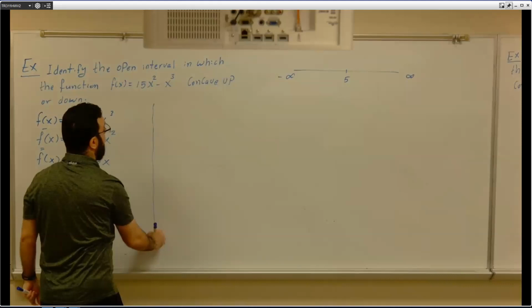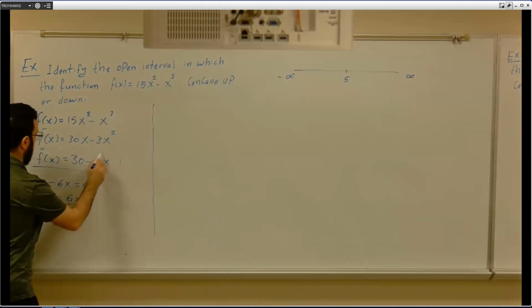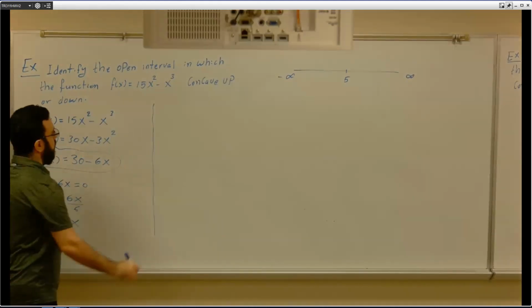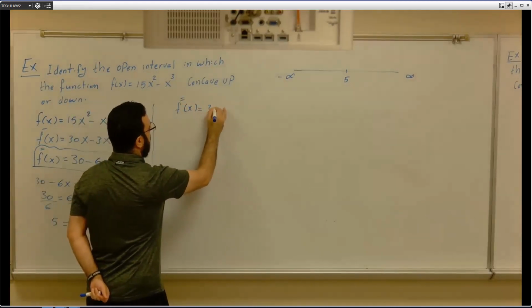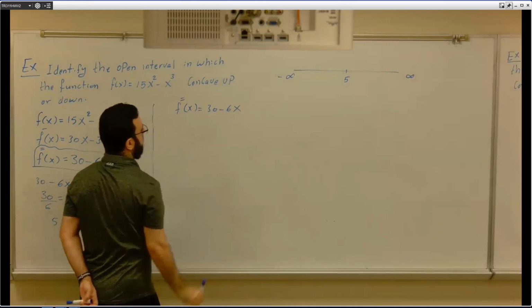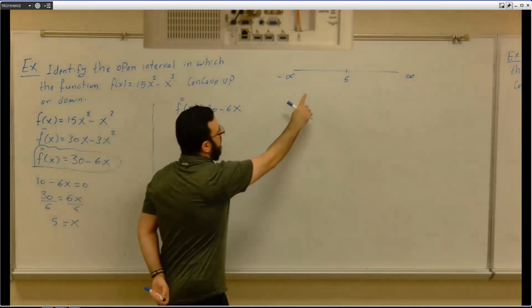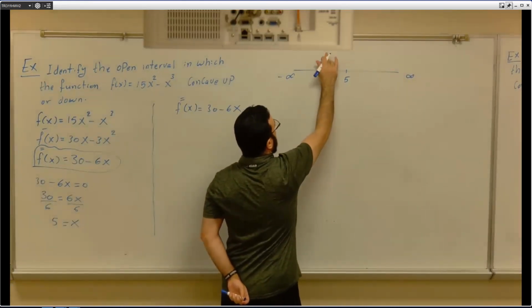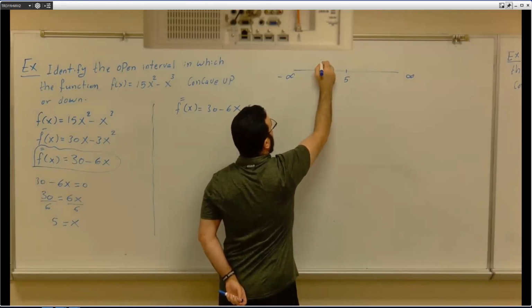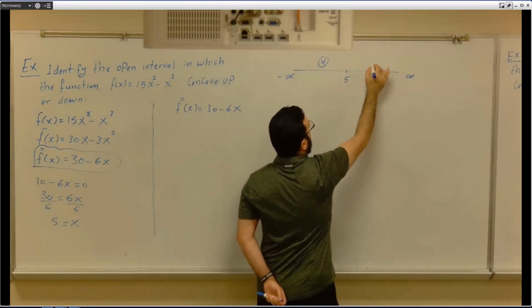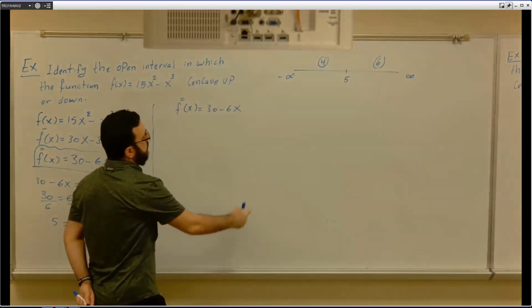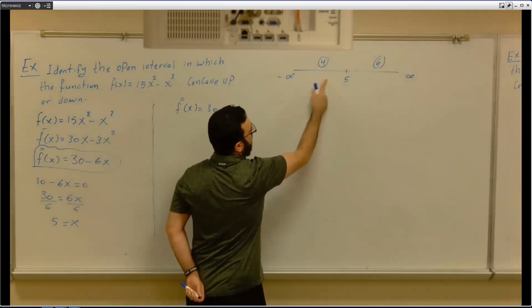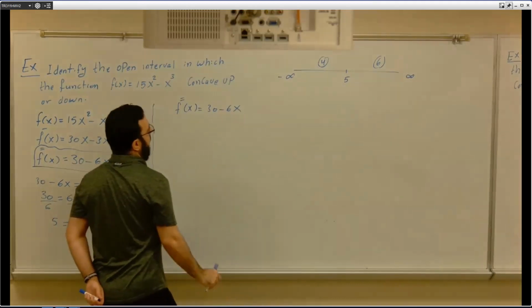Here's my second derivative, 30 minus 6x. Let's take a number here, I can get the 4, and here I can get the 6. Or you can take the 0 here. It's fine because this is before the 5.